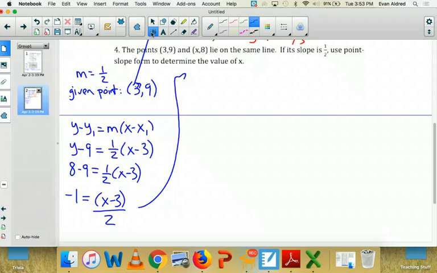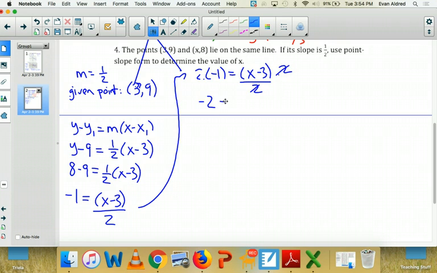So in order to do this now, I don't want that denominator 2. I don't want to work with fractions if I don't have to. So I'm going to multiply both sides by 2. So 2 multiplied by negative 1 equals (x minus 3) over 2 multiplied by 2. That will cancel it out on the right-hand side.